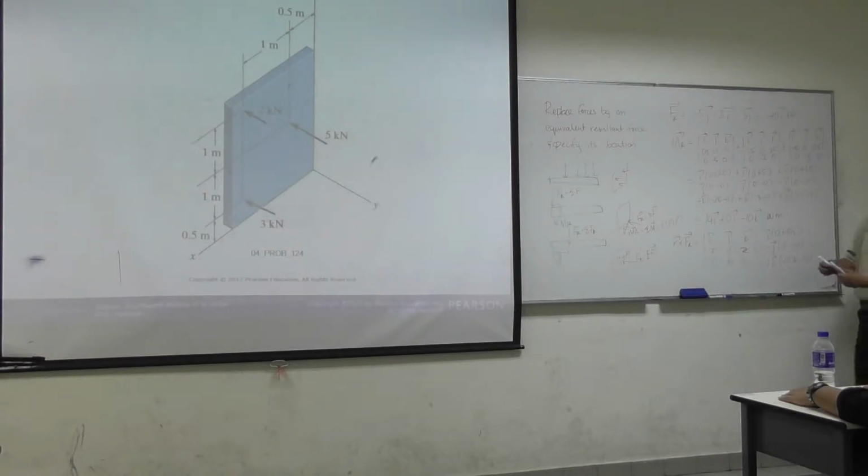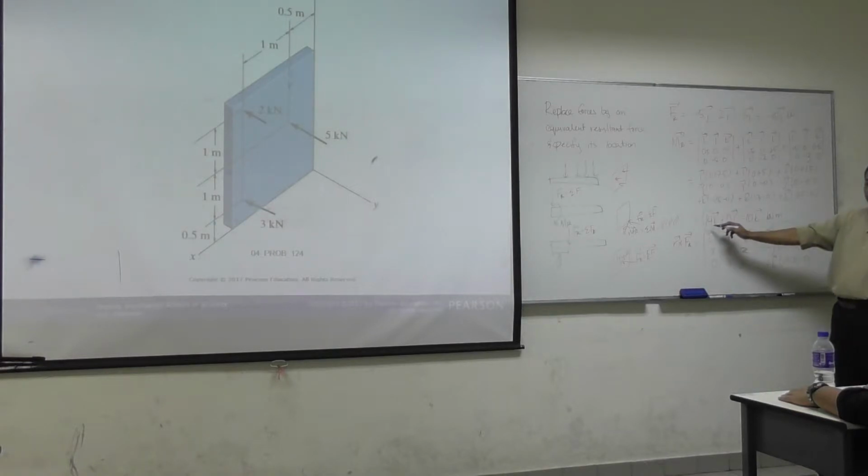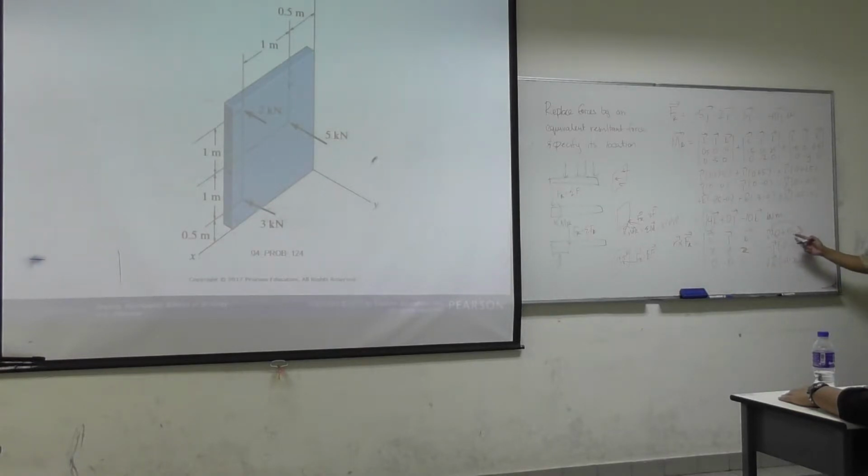And you can just equal to this one. So this one should be equal to that one, right? So 10z equal to 14, z will be 1.4, right? And then minus 10x should equal to minus 10, so x equal to 1, right?